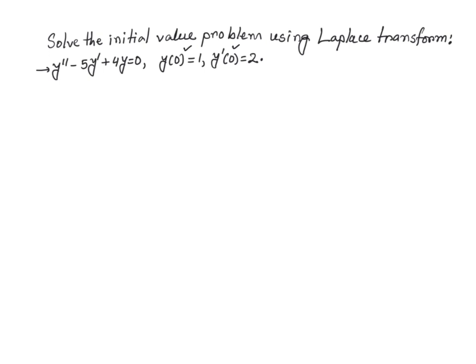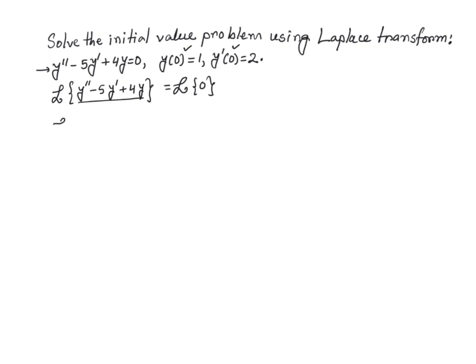Now, what we are going to do is apply Laplace transform to the given differential equation. So, Laplace transform of y double prime minus 5y prime plus 4y, and Laplace transform of 0. Now, you know Laplace transform is a linear operator. What it means is that we could break these things into pieces.